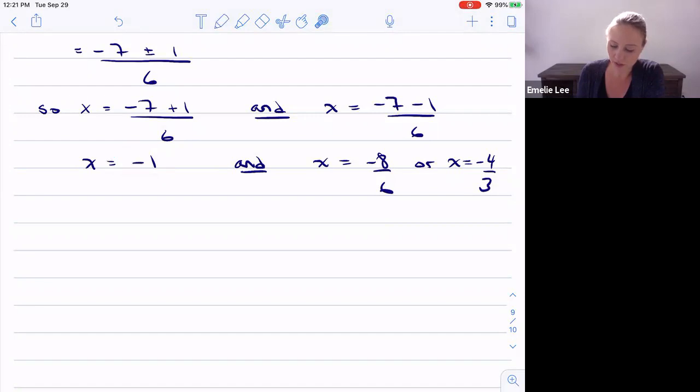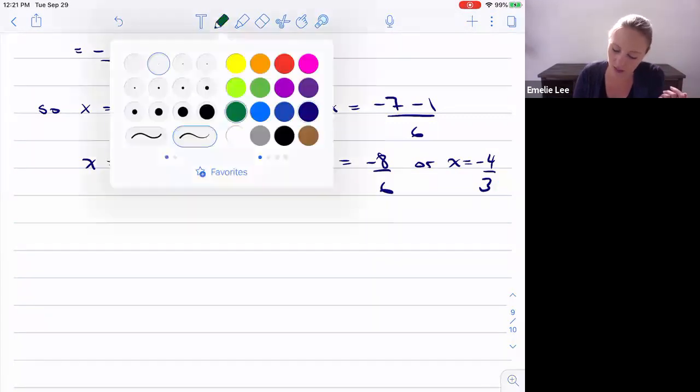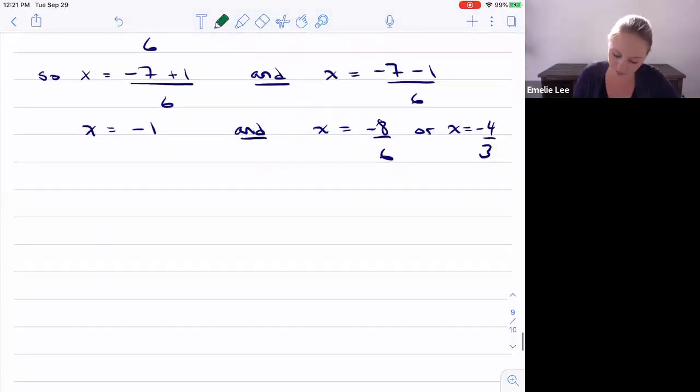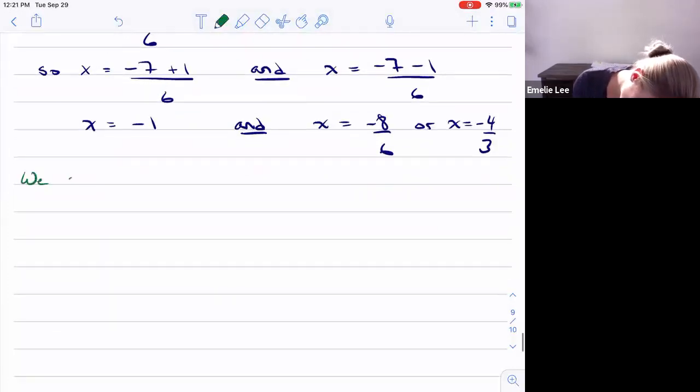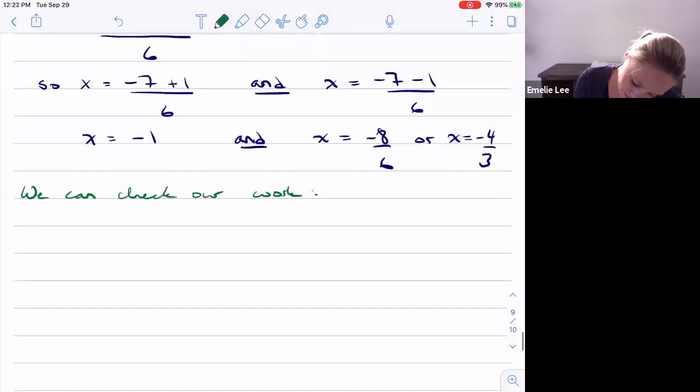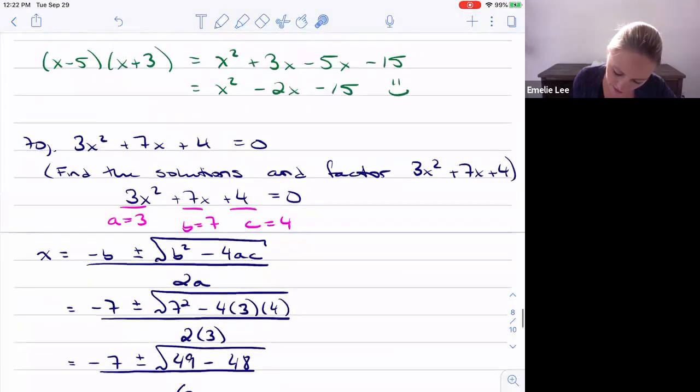Now we've got our two solutions. I'm going to go ahead and use the simplified one. And to check my work, I'm just going to quickly plug it into the equation just to make sure that it is a solution. It is, I promise, but we can check our work. If I plug in x equals -1, it should equal 0.